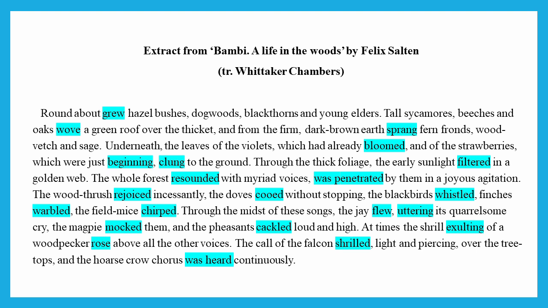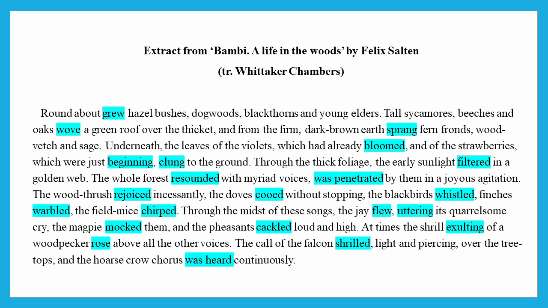In the visual scene, we've got grew, wove, sprang, clung, bloomed, filtered. A very nice, rich selection of verbs, of the things that are going on in the forest. And then in the second part, the verbs are describing all the different sounds, but without the need for adjectives. So we've got rejoiced, cooed, warbled, whistled, chirped, cackled, shrilled.